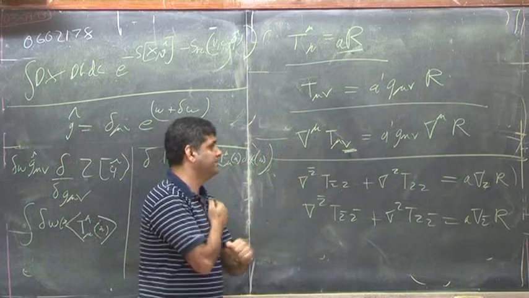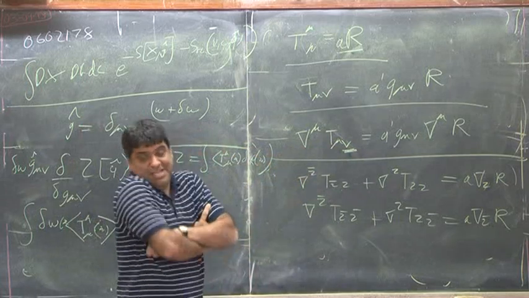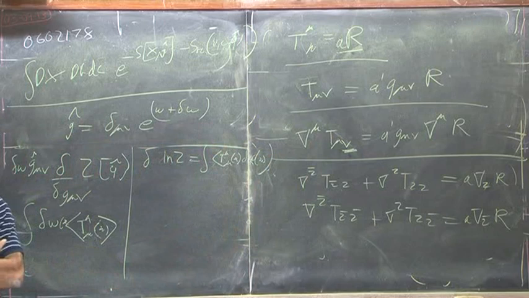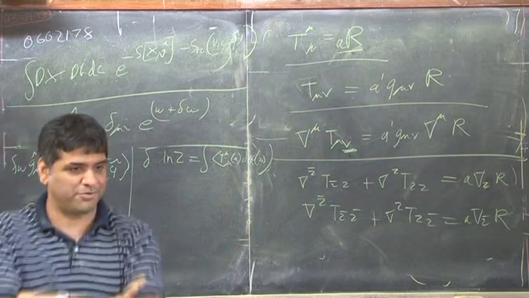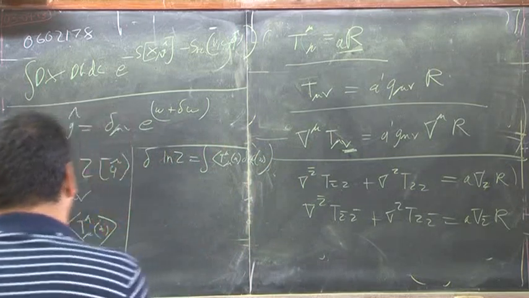But del mu of T mu nu is always 0. It's conservation of the stress tensor. That should always be.